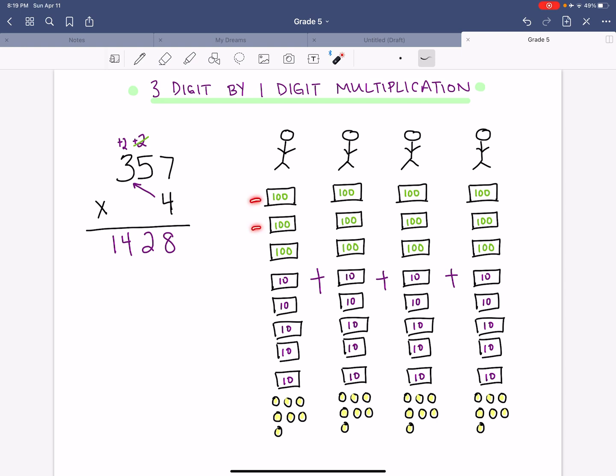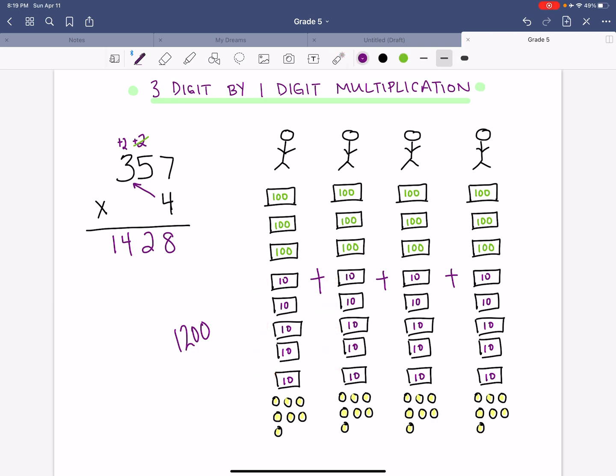Now let's just double check that with the picture. We've got 1, 2, 3, 4, 5, 6, 7, 8, 900, 1,000, 1,100, 1,200. Let's count our tens. 10, 20, 30, 40, 50, 60, 70, 80, 90, 100.